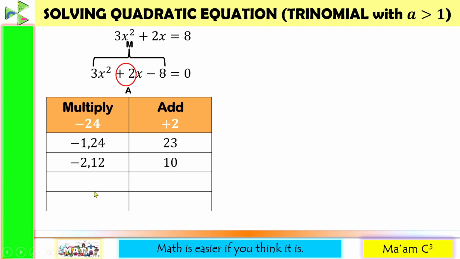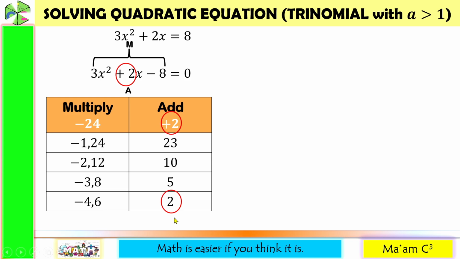Another factors, I have -3 and +8. When I add these two, this will give me +5. Another factors, I have -4 times 6. When I add -4 plus 6, it will give me +2 as an answer. Bingo! This is what I am looking for, +2.